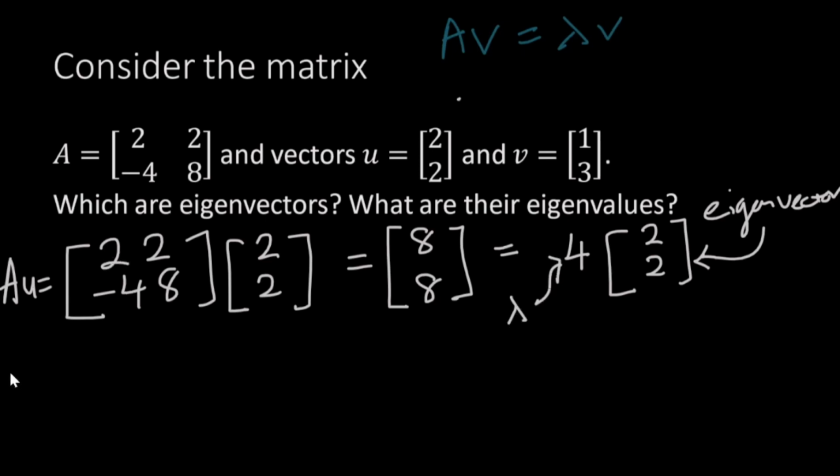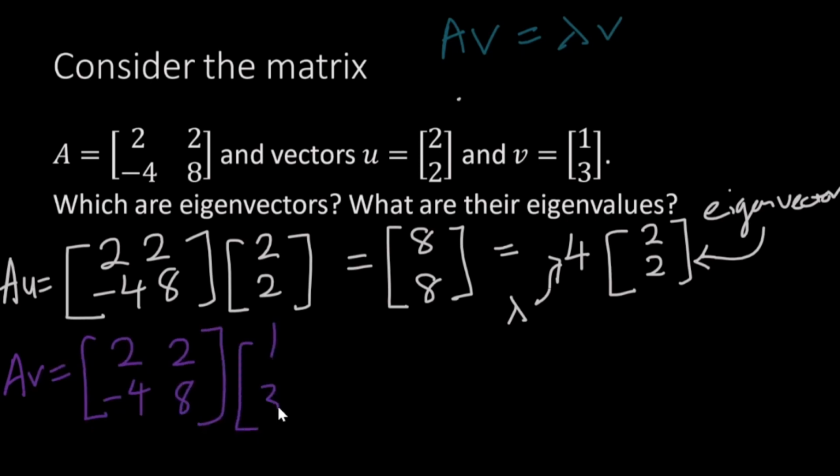What about the next example? A and vector v. So AV gives us the first row multiplied by vector v, you get 2 plus 6, which is 8.